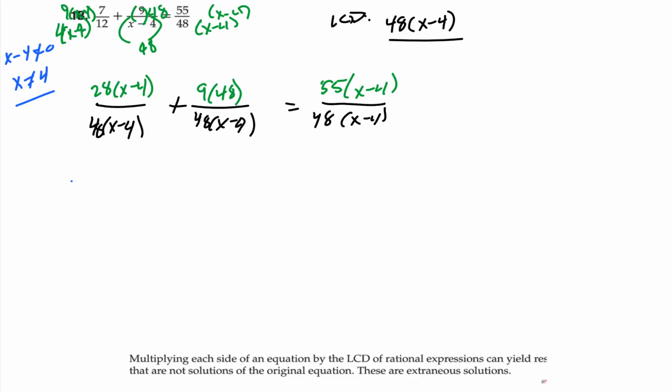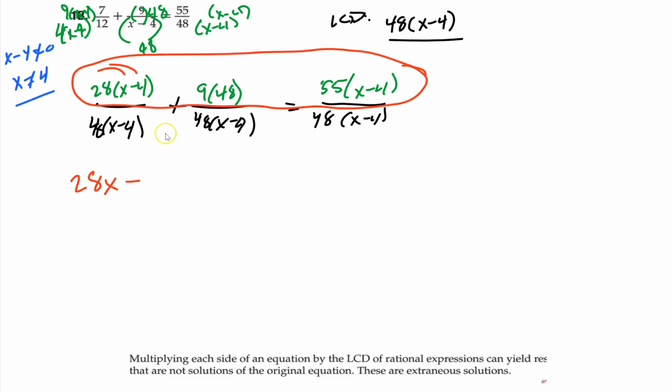Now, once you have all the bases the same, we can drop them and just solve the numerators. So 28, distribute that: minus 28 times 4, which is 112.